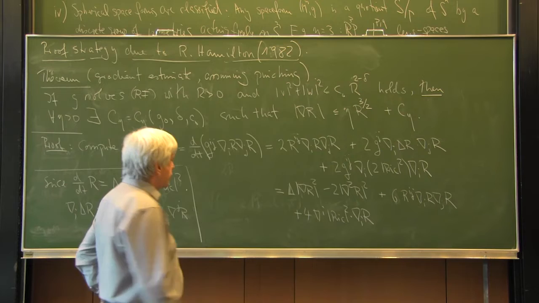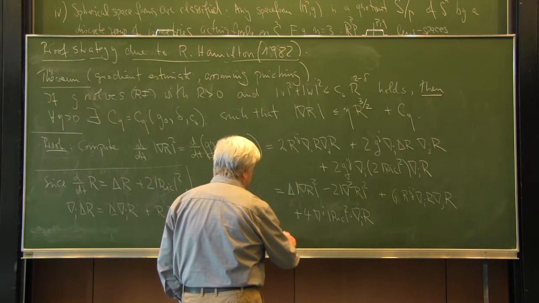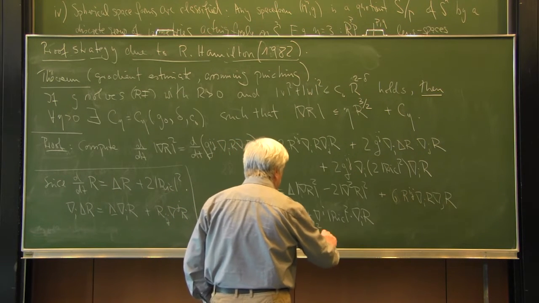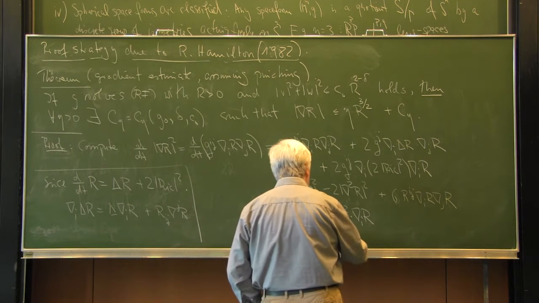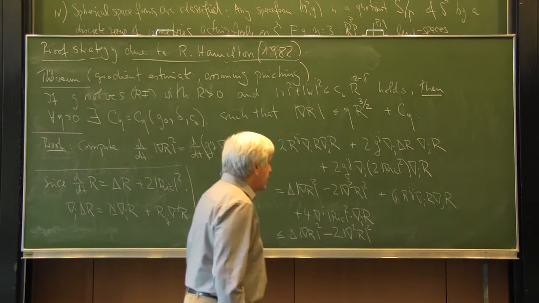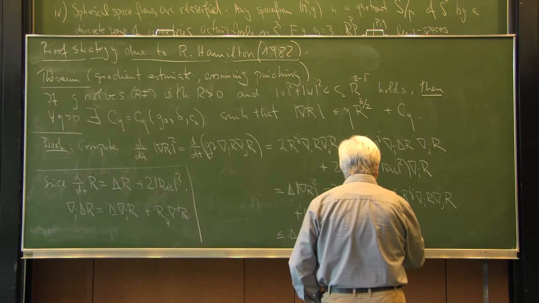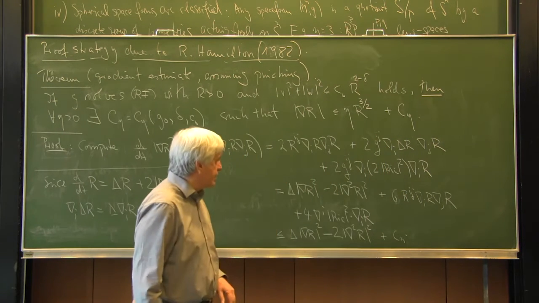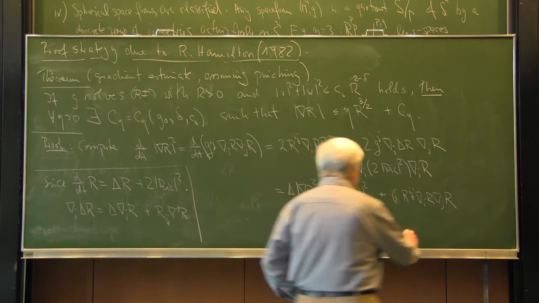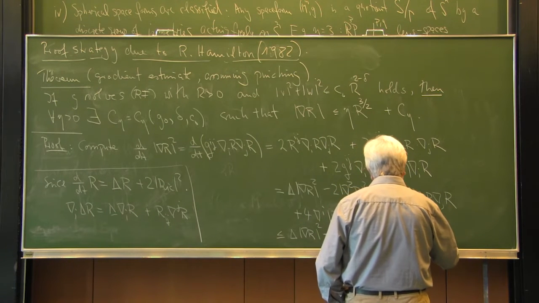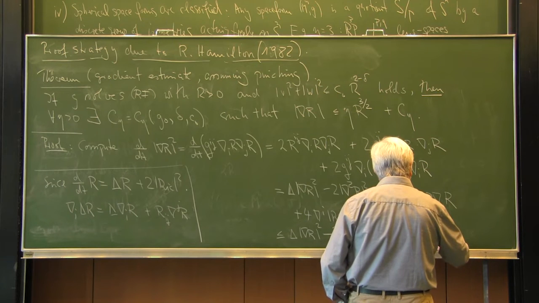So we can just brutally estimate this by Laplacian of gradient R squared minus the Bochner term, the Hessian of R squared, and then we just combine all the bad terms here: a constant depending on just the dimension times the scalar curvature times the gradient of the Ricci tensor squared.